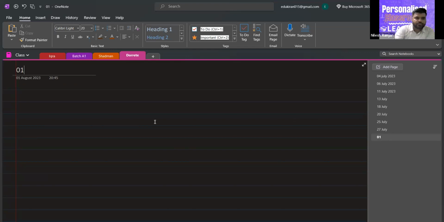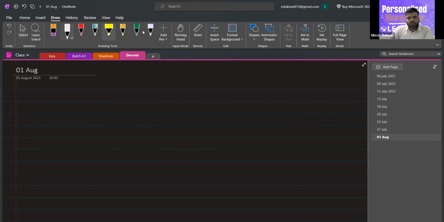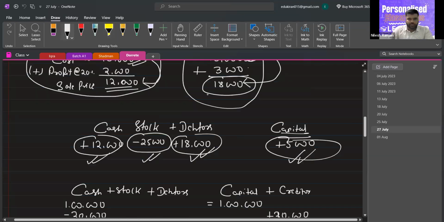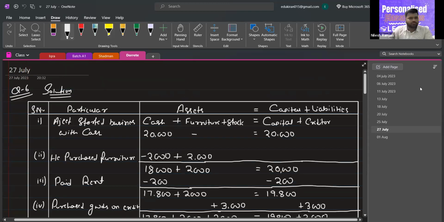So this is our accounting equation. In the previous class, we completed all the theoretical concepts of accounting equation. So there is no new concept in this accounting equation. So we have to discuss a portion here first.